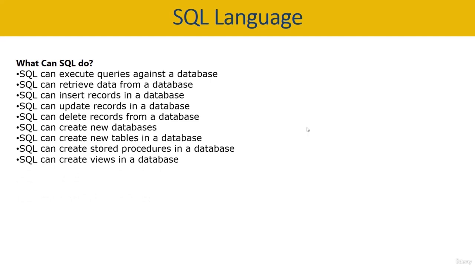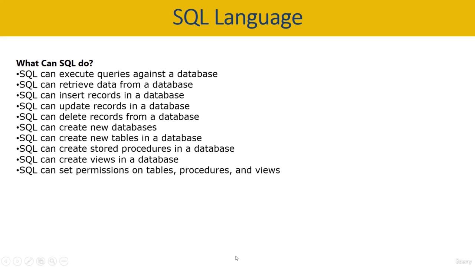And then SQL can create views in the database, and SQL can set permissions. You can set the permission for who can view your customer tables. Let's say you have a team of 10 people or 20 or 100, and you grant them privileges so they can only view, or edit, or delete.